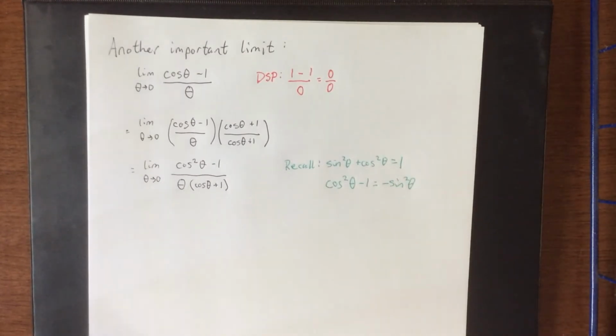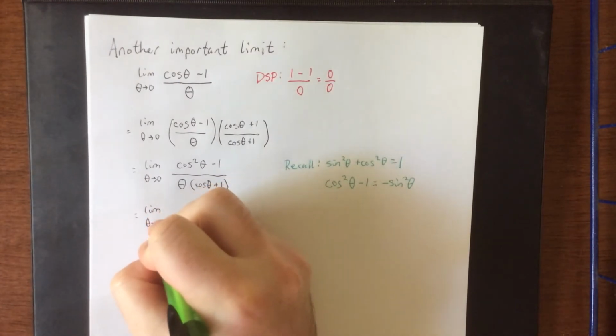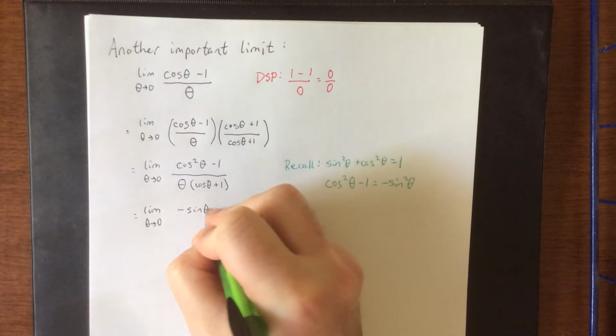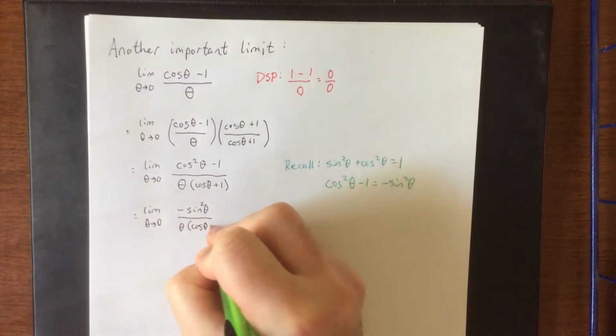So when I see cosine squared of theta minus 1, I can replace that with the negative sine squared of theta. Good old Pythagorean identities. They do tend to show up quite frequently when you see squares of trig functions.